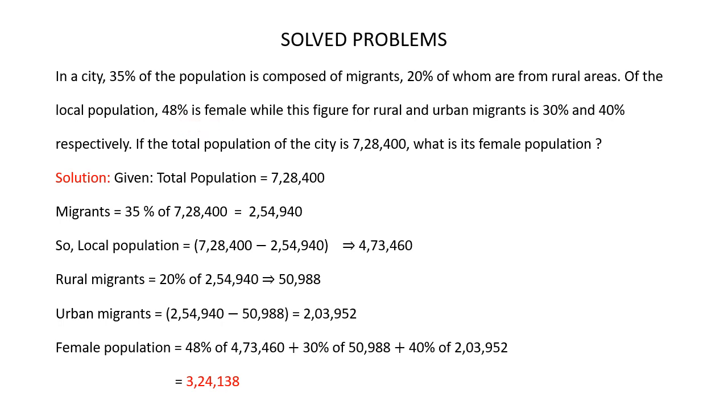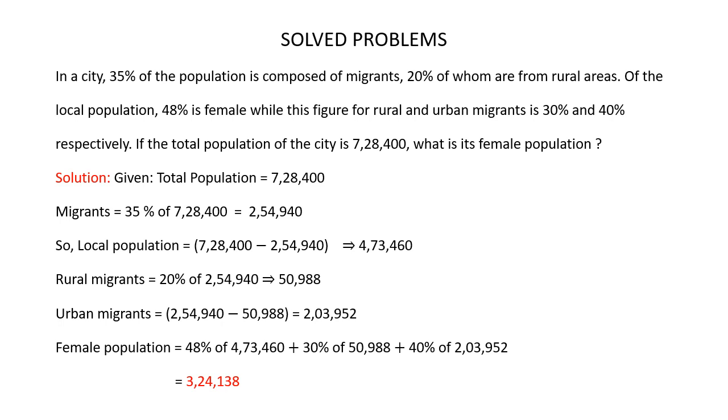Now it's given that 48% of the local population is female. The local population is 4,73,460. So 48% of 4,73,460 are females. It's given that 30% of the rural migrants are female. We know that rural migrants are 50,988. So 30% of 50,988 are females.